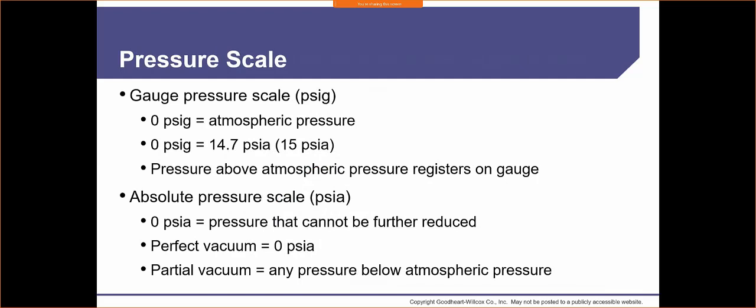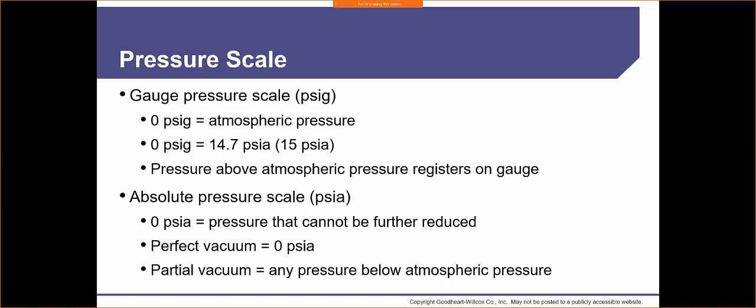So I talked about this a little bit. We have the gauge pressure, which is PSIG. 0 PSIG incorporates the atmospheric pressure, which is 14.7. Absolute pressure, or PSIA, is pressure measured from a point that cannot be further reduced. Perfect vacuum is 0 PSIA.